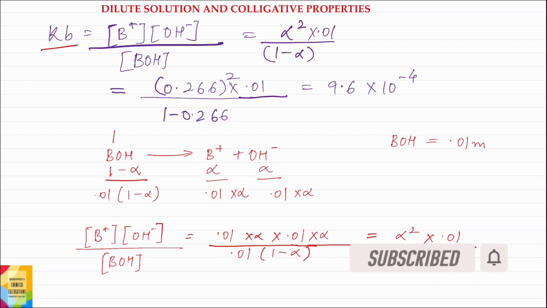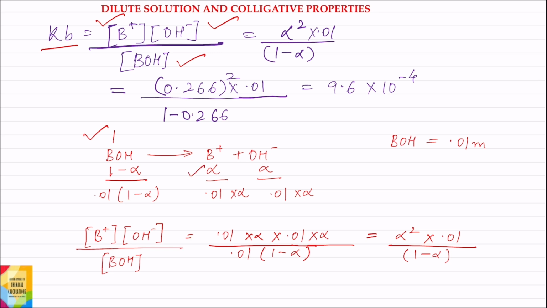Kb is equal to concentration of B plus ions into concentration of OH minus ions divided by concentration of remaining BOH. Now, when the initial concentration of BOH was 1 mole, then out of 1 mole alpha moles dissociated, and the concentration of B plus ions was alpha moles, OH minus ions was alpha moles, and the concentration of remaining BOH was 1 minus alpha moles.